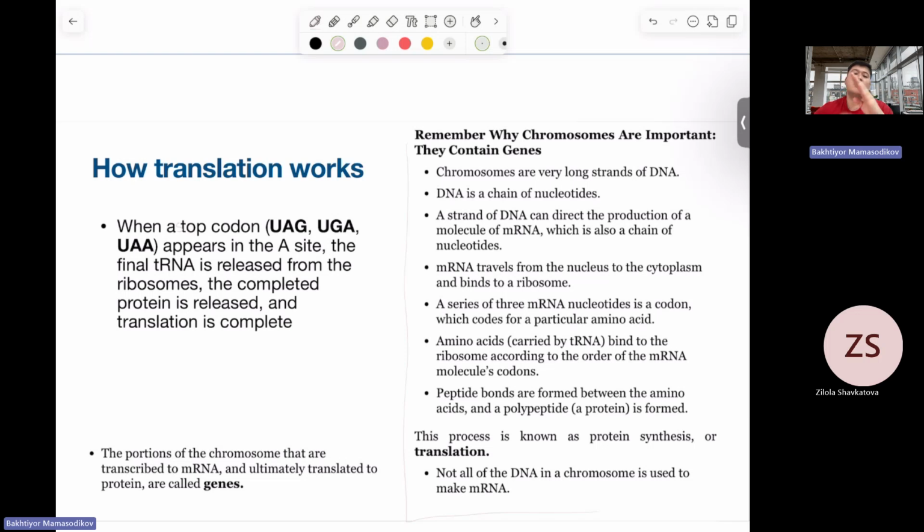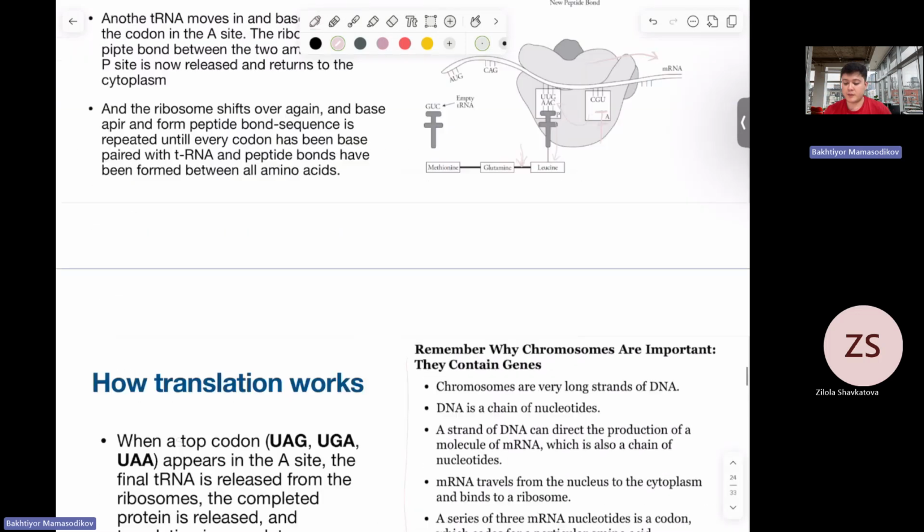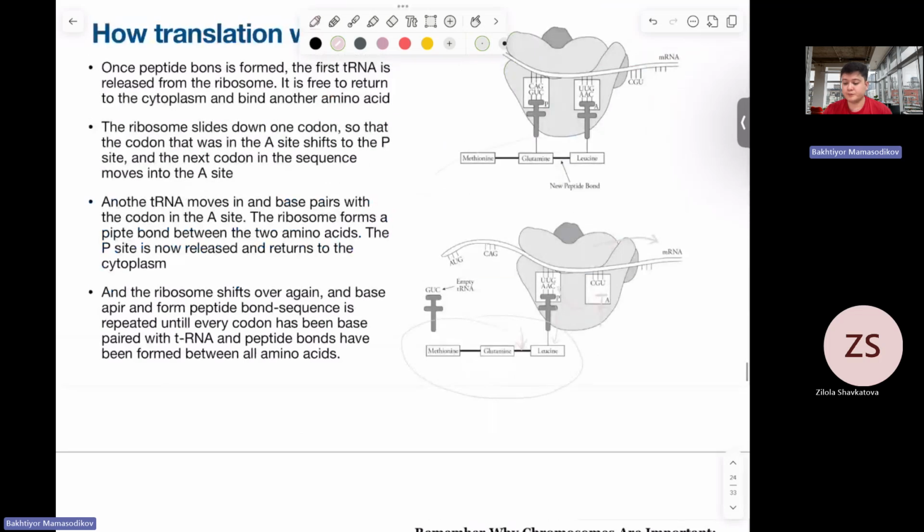It's like saying no more ingredients, recipe complete. The final product will be the protein, a long chain of amino acids. We call them polypeptides, and it folds into a functional protein now.